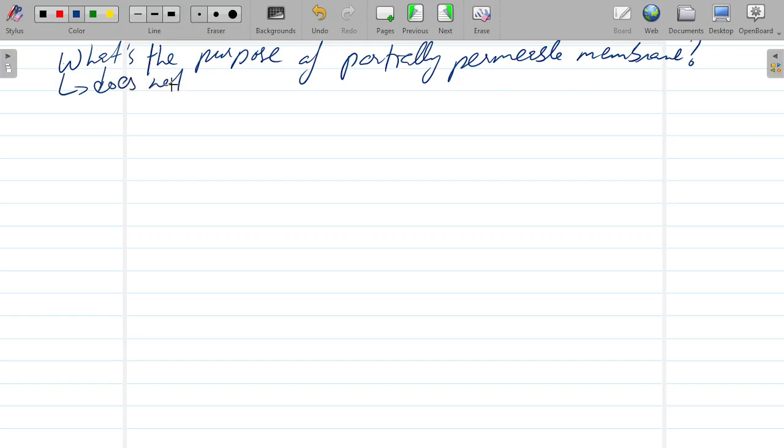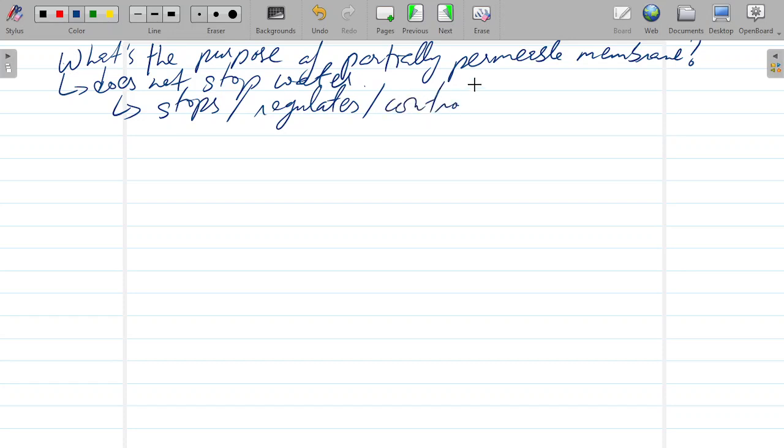It does not stop the water, right? It stops or regulates or controls the movement of solutes, right? The minerals and whatever it is, they're solutes. So it stops or regulates or controls movement of solutes.